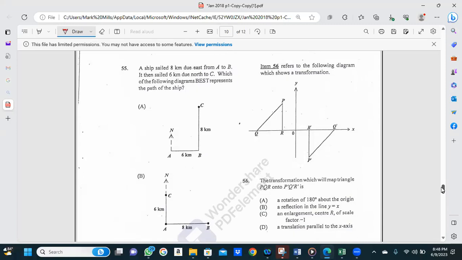So would it be a reflection? It is a reflection. Why is it a reflection? No, it's not. It's neither a reflection.